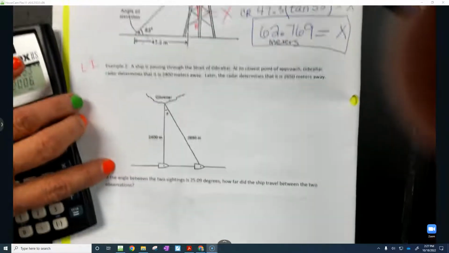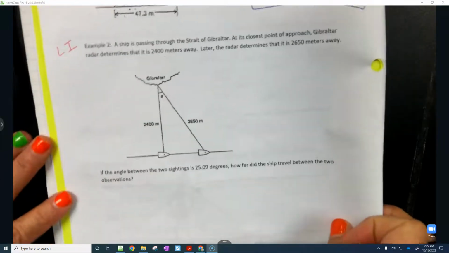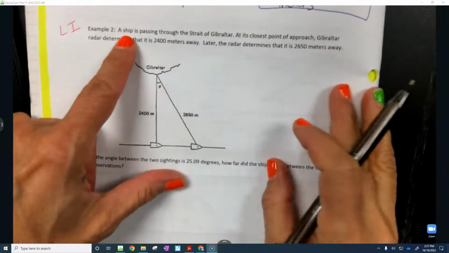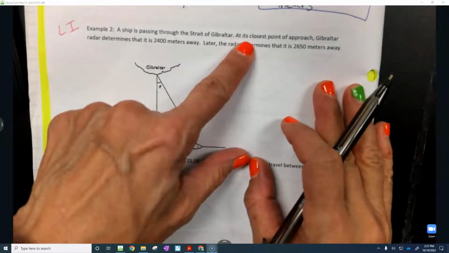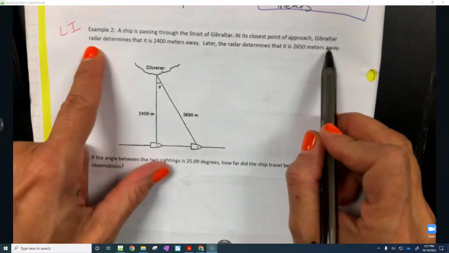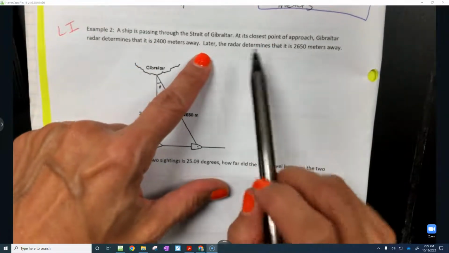Okay, let's take a look at the next problem. All right, for the next problem, example 2. A ship is passing through the strait of that country. At its closest point, this country's radar determines that it is 2,400 meters away.